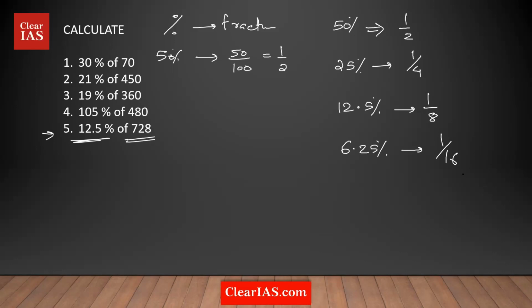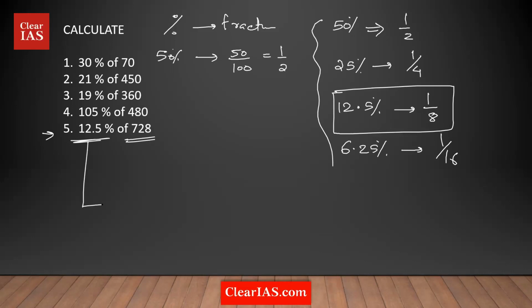Half of 1 by 8 is 1 by 16. So it's easy to remember like this, taking half: 50, 25, 12.5, 6.25. So if you know these fractions and the corresponding conversions, we know that 12.5%, instead of that, I can replace it as 1 by 8 into 728. This will make your calculations very easy. Straight away, you can get 91 as the right answer.